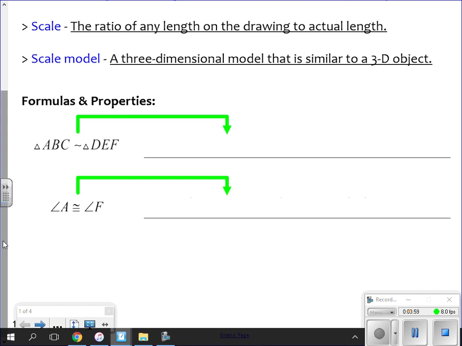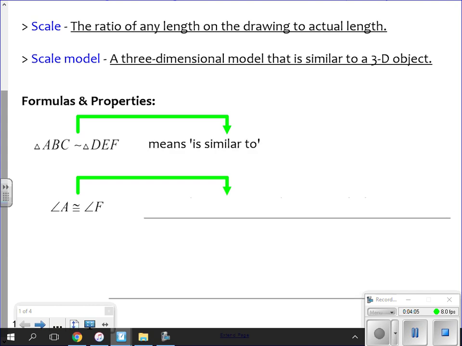If you've ever seen it on top of a letter, it's called a tilde. The little squiggle in between means that those two are similar. Those 2 triangles have the same shape, not necessarily the same size, but the same shape. It's a geometric term. If you want to say that 2 things are similar, you label one, label the other, and you put the little squiggle in between. That means they have the same shape.